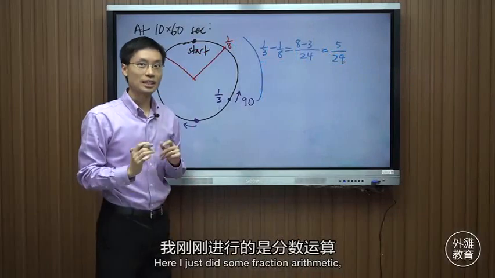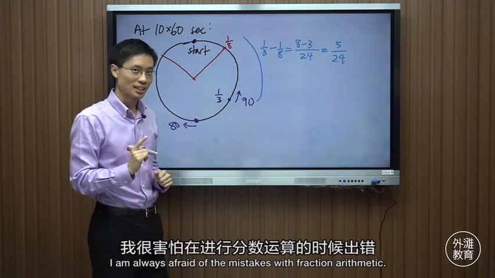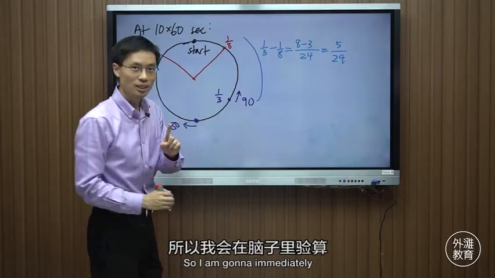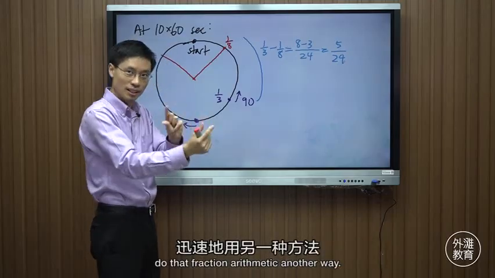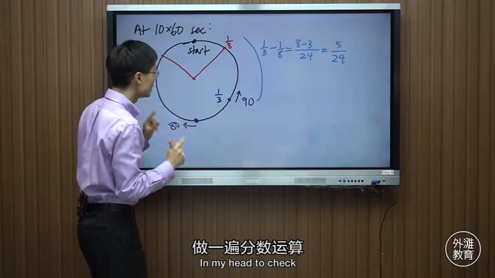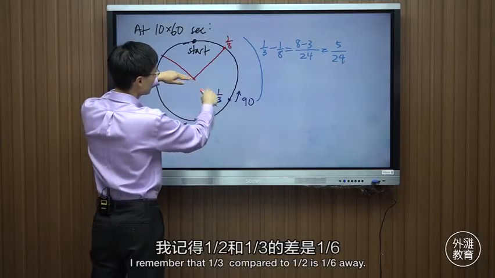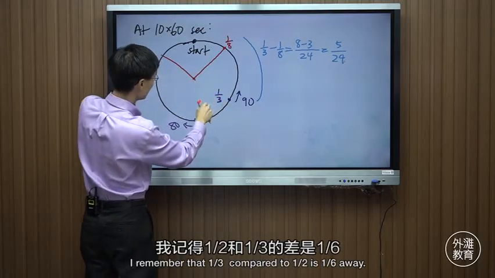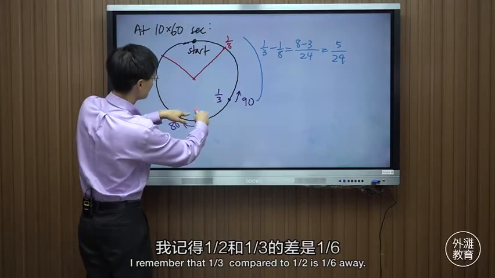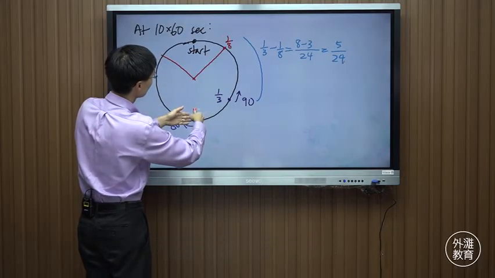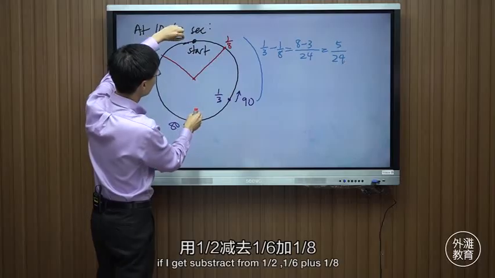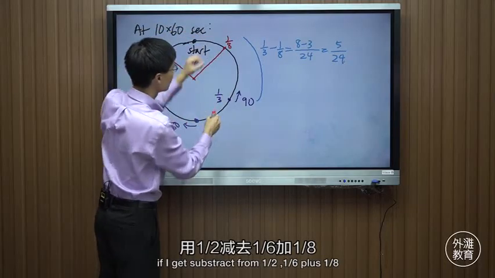Here I just did some fraction arithmetic. I'm always afraid of mistakes with fraction arithmetic, so I'm going to immediately do that fraction arithmetic another way in my head to check. The other way is that I remember that 1/3 compared to 1/2 is 1/6 away. So what would I get if I subtracted from 1/2 1/6 plus 1/8?